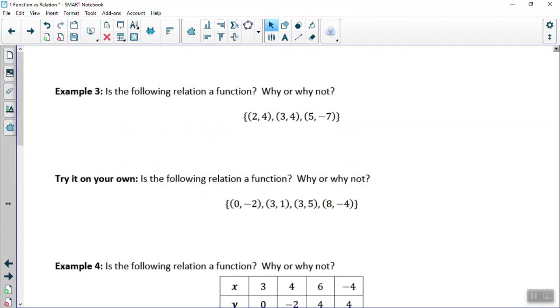I have an x value of 2, an x value of 3, and an x value of 5. All my x values are different, so we can say yes, this is a function because all x values are different. Or we can say the x values don't repeat, however you want to word it.